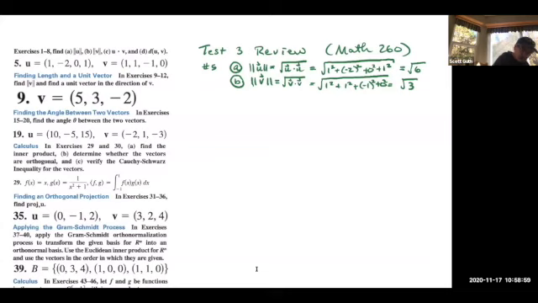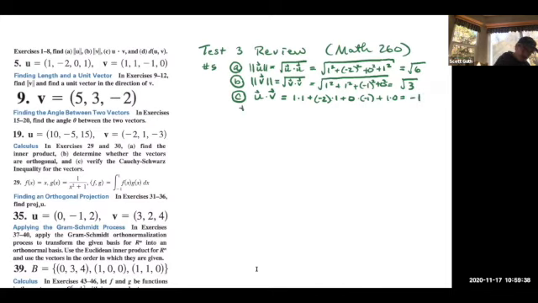Now on C, we have to do U dot V. So we'll do 1 times 1 plus negative 2 times 1 plus 0 times negative 1 plus 1 times 0. That comes out as negative 1.